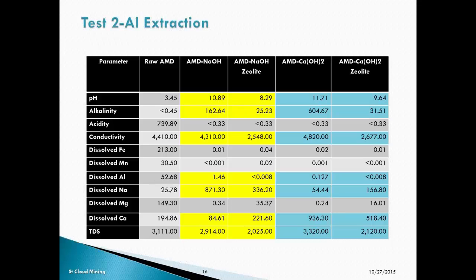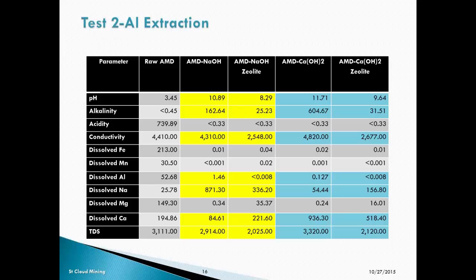And once again, we saw buffering, but we saw it in the other direction. And if you go across on the first line, we raised the pH from 3.45 up to 10.89, but in contact with the zeolite, we drove the water down. We buffered it to a lower pH. And you saw the same thing happening with calcium.